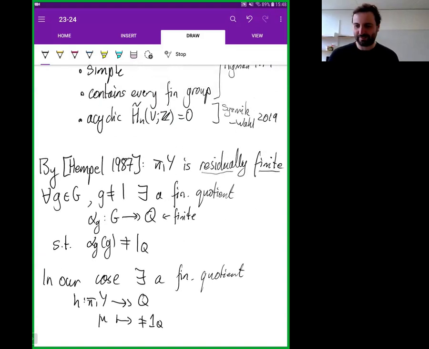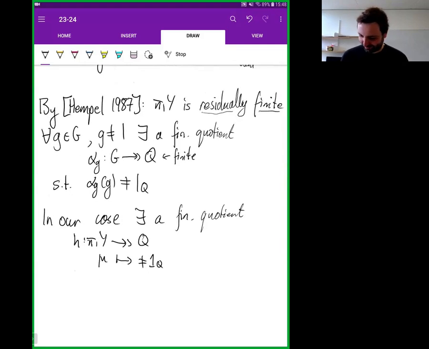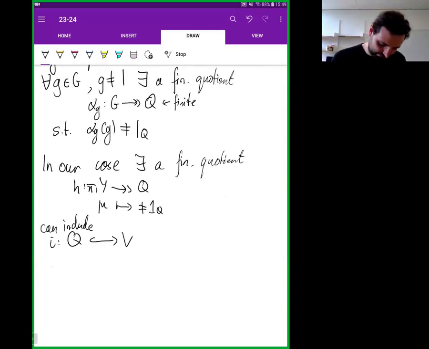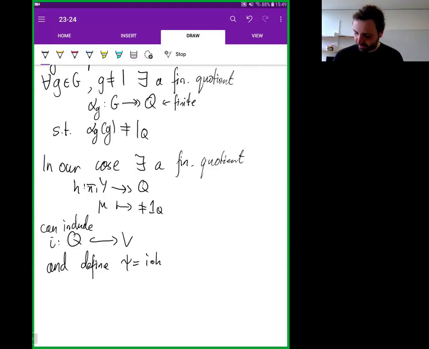But the thing is Thompson's group V contains every finite group. So it didn't matter what this finite group was, we just embed it into V. So we can take this composite map where we include Q into V, some map i, and define phi to just be this composite homomorphism.